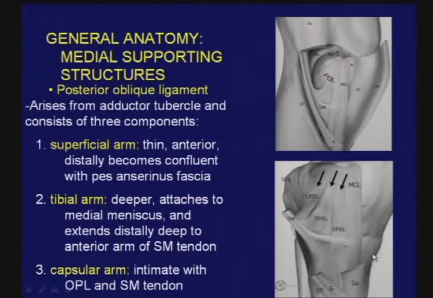A very important part of the medial collateral ligamentous complex is the posterior oblique ligament. It's so important that some orthopedic surgeons will consider operation if this part of the medial supporting structure is injured. Minnie tomorrow will explain to you how we diagnose injuries to this particular ligament, but I just wanted to show you the three major arms of the posterior oblique ligament.